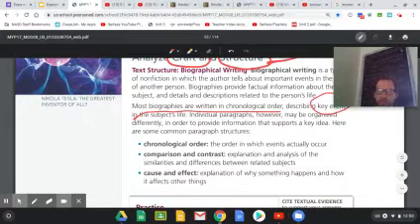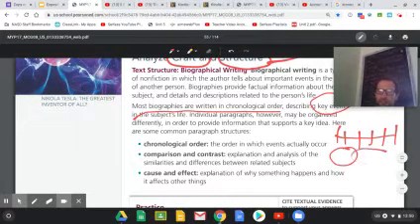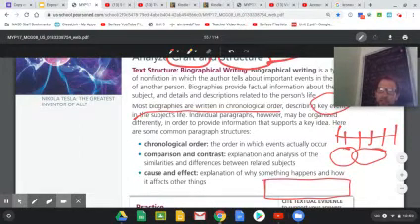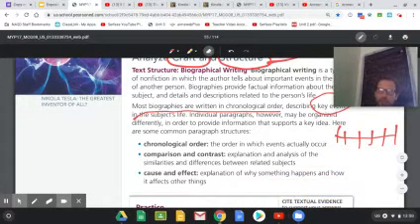Represented visually, you might think of something like chronological order as a timeline. Comparison and contrast as a Venn diagram. And cause and effect, for me, I often think of a sequence box, but it can sometimes be like there's a cause and then there's a couple effects. So something to think on.